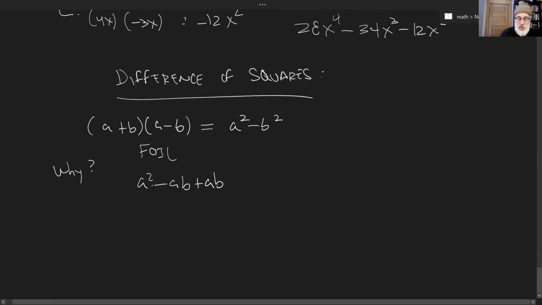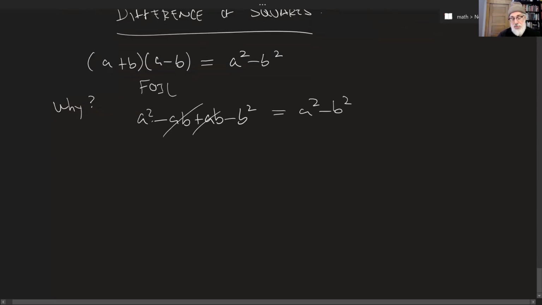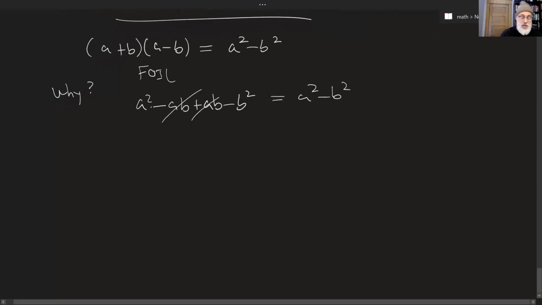So I can write them in this order. Instead of b times a, I can write it as a times b. And then last we have b times b is b squared, and that's a negative. And you'll notice these two terms cancel. So that's a squared minus b squared. So again, this is just a shortcut. If you forget, you can distribute and get to the same conclusion.